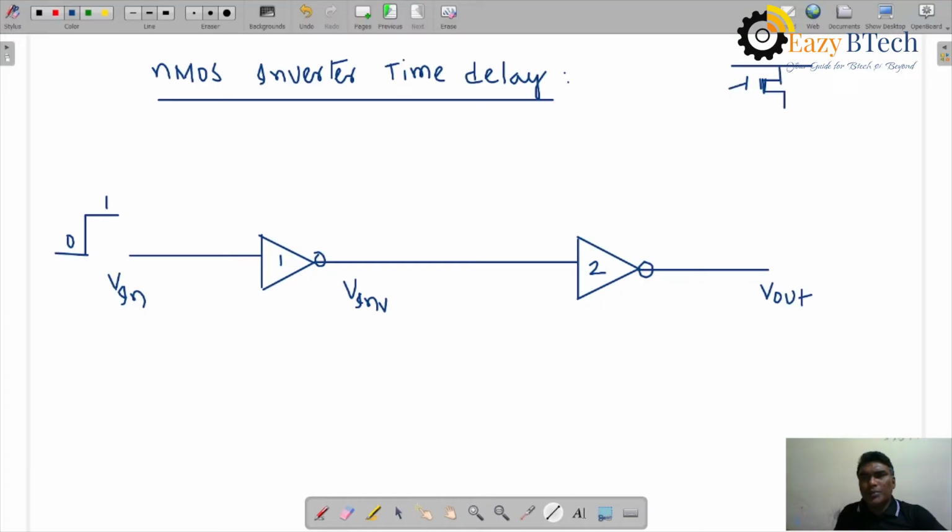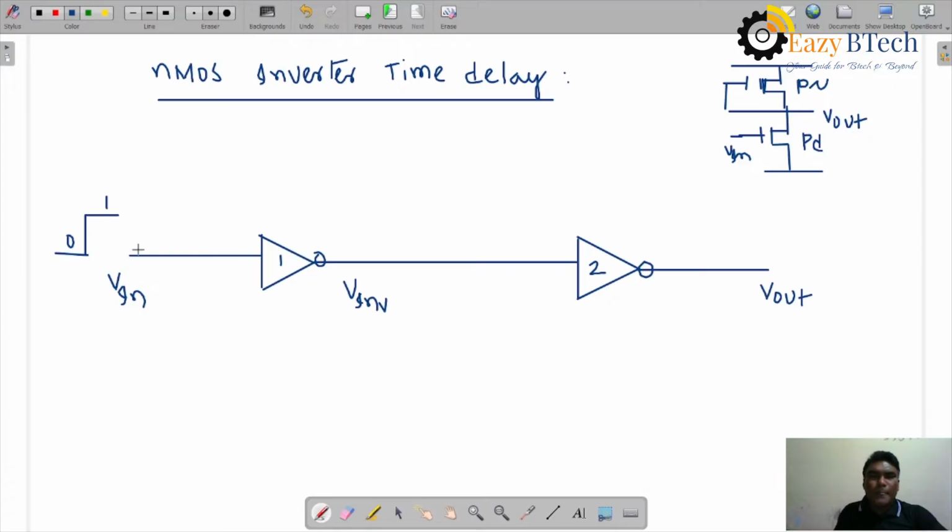I'm drawing this in circuit representation, the NMOS inverter, and above is the pull up transistor. This is the pull down transistor. V input is applied, and we are getting output over here.